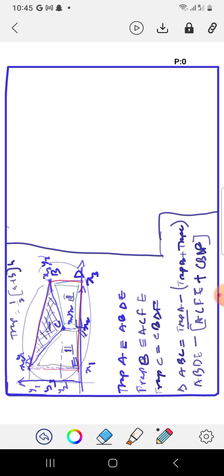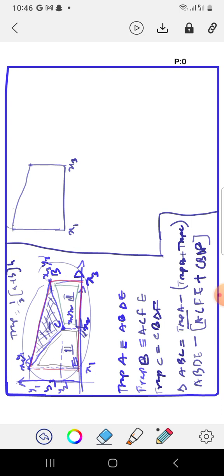So if you look at the first trapezium, let me just sketch it. The first trapezium is like this, labeled as x1, x3.